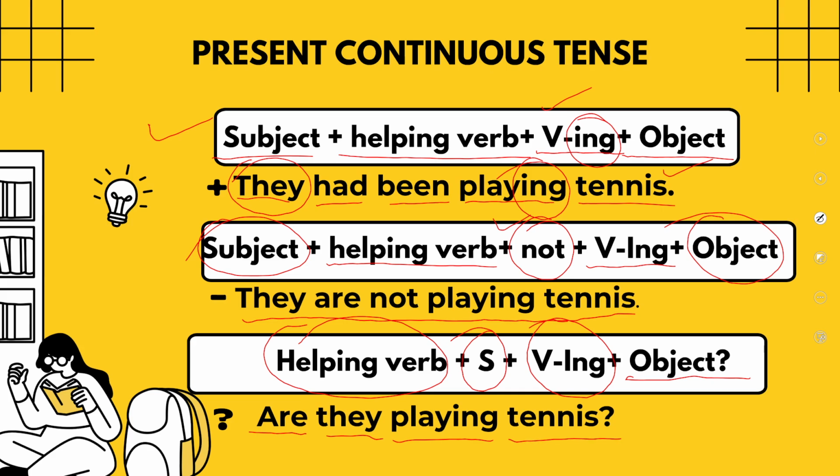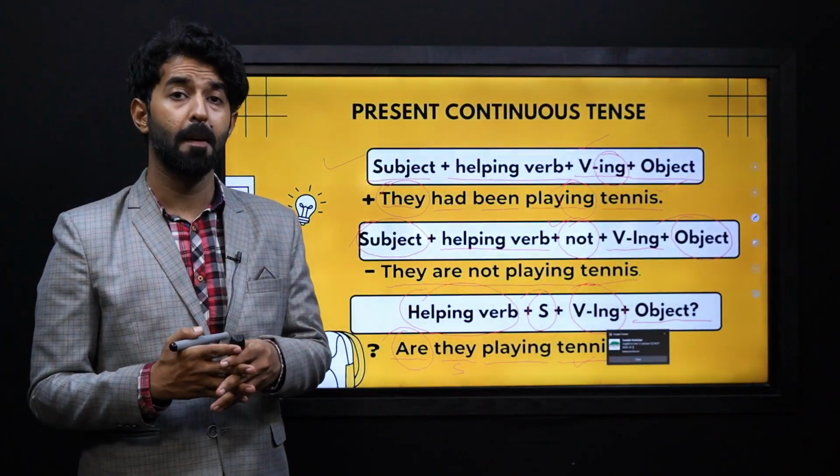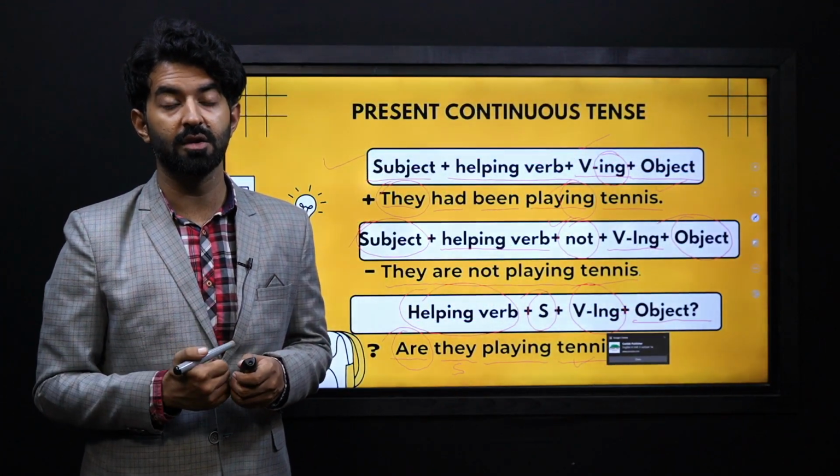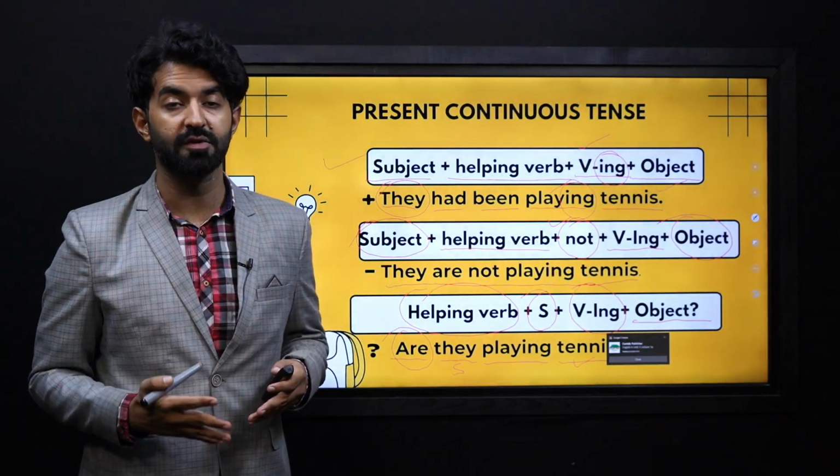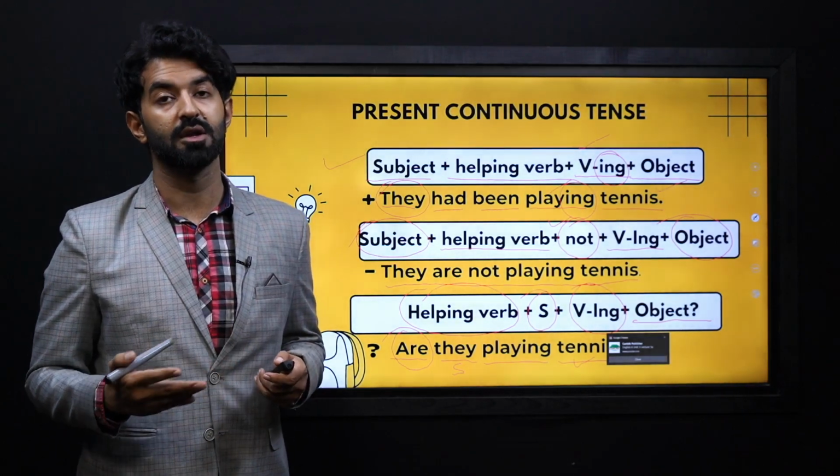Are is the helping verb, followed by the subject they. Playing is made by the first form of verb followed by ing, and also the object we are talking about, which is tennis. So we made a positive, a negative, and an interrogative sentence in present continuous tense.